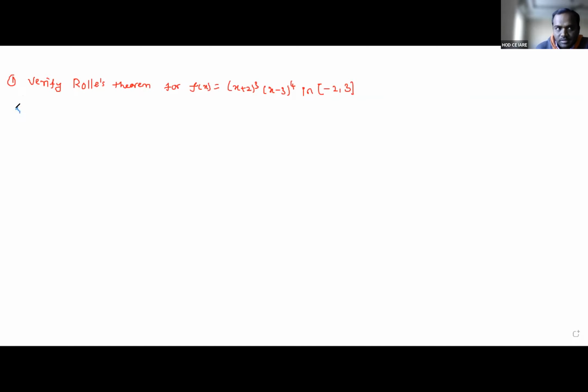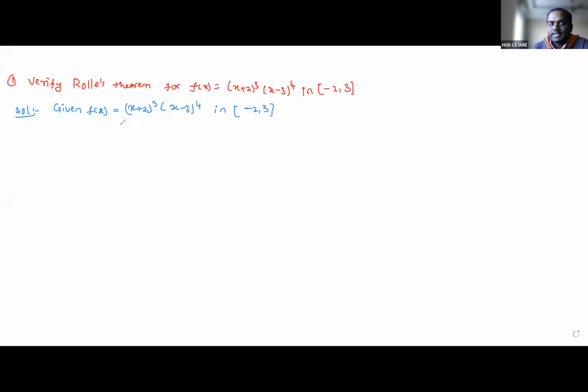Okay, you have to write the solution for this. Given f of x is equal to (x plus 2) whole cube into (x minus 3) whole to the power of 4 in the closed interval of minus 2 comma 3.